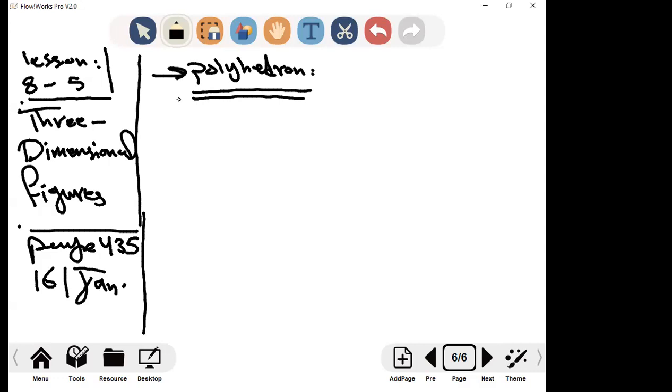Remember the polygon? What are the polygons? Closed figures with line segments. Remember? Now this room, how many polygons does it have? 6. The roof, the floor, and 4 sides around, right? So we have a polyhedron, like this one here.